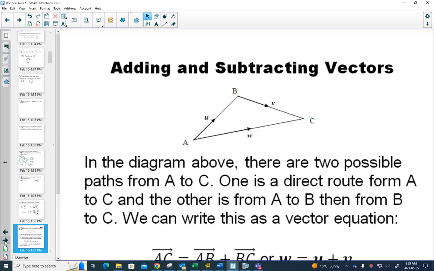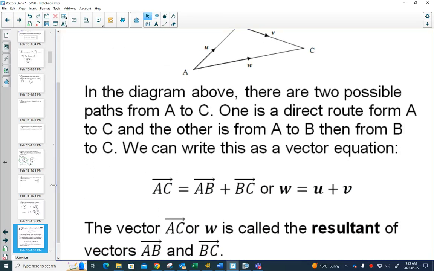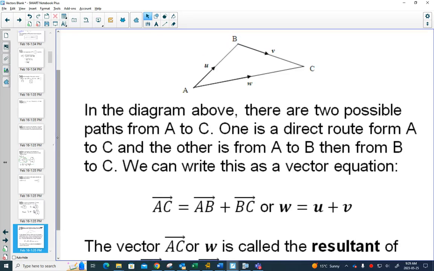They're just saying we're going from A to C, and we could say that when we're adding vectors, AB plus BC will equal AC. And something that's kind of connected to matrices is that if you're adding two vectors and this middle letter is the same, they could be combined and just called A to C. See how that connects together?